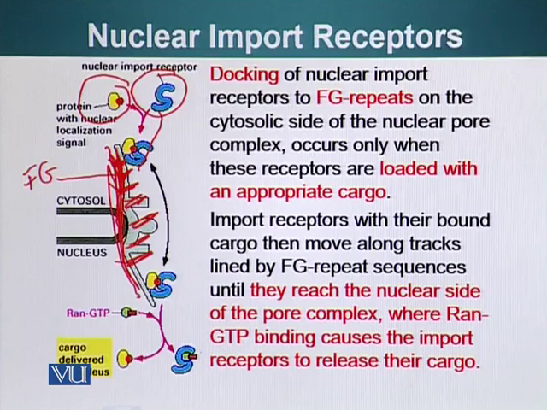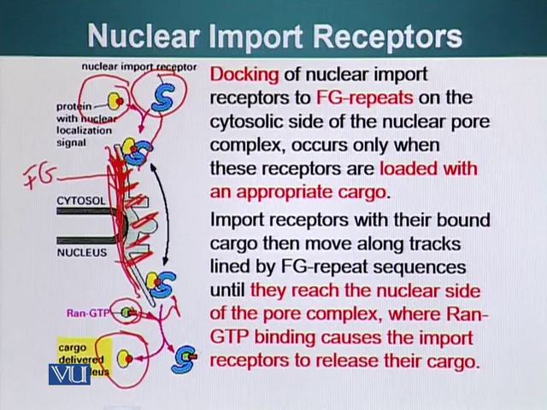enter the nucleus where we have our RAN, where we have our GEF, which has produced RAN GTP. When RAN GTP binds this receptor, it will cause unloading of our cargo, and this cargo will now be a resident of the nucleus. So this is how the nuclear import receptor is able to bring the protein which has NLS into the nucleus.